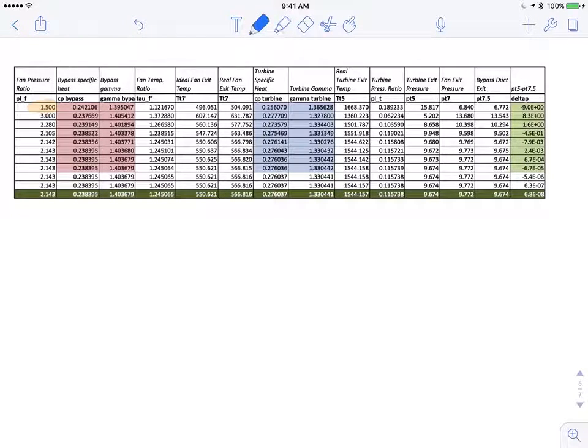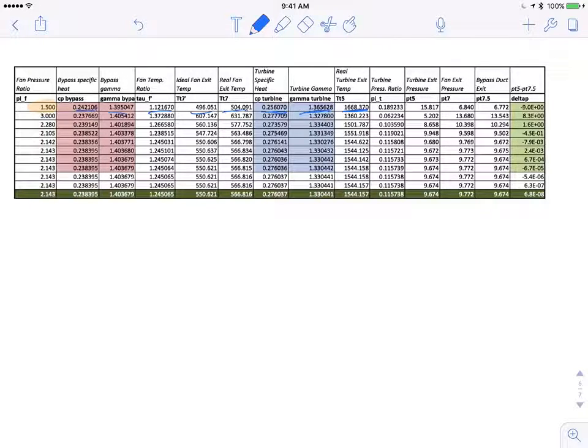And so you can see on the left side here, we're guessing a value of pi f. At the beginning, we're actually guessing values of CP and gamma as well. And so we are working with those properties to calculate our temperature ratio for the fan, which gives us the ideal temperature and real discharge temperature from the fan. At the same time, we use that to calculate our TT5, the turbine discharge temperature, again based on estimates of what our real properties should be for the turbine.